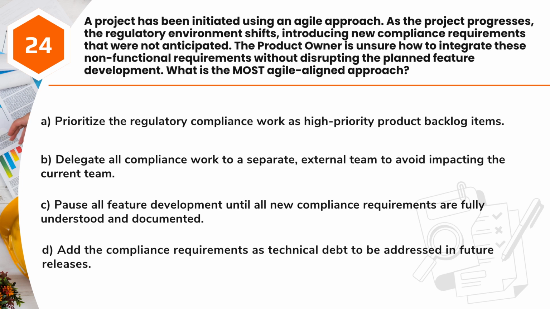A. Prioritize the regulatory compliance work as high-priority product backlog items. B. Delegate all compliance work to a separate, external team to avoid impacting the current team. C. Pause all feature development until all new compliance requirements are fully understood and documented. D. Add the compliance requirements as technical debt to be addressed in future releases.